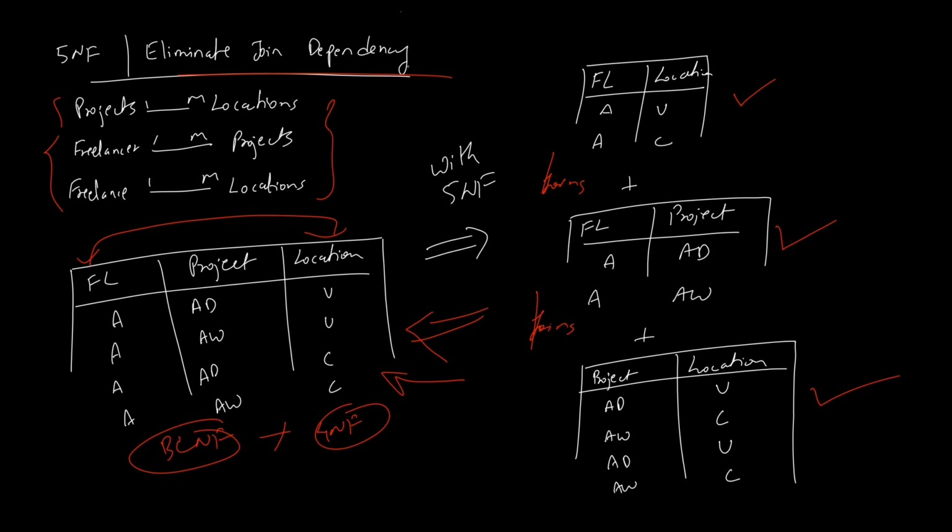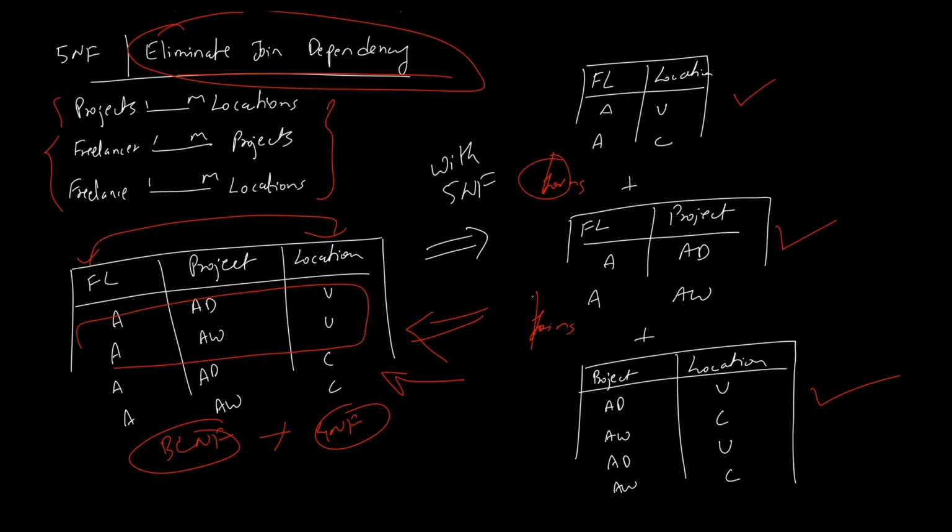And that's the idea behind 5NF, to eliminate join dependencies, right? You don't directly store the Cartesian product, but you make it different, so you can do the joins and make the Cartesian product properly and make your resultant set, let's say. Okay, nothing more than that.